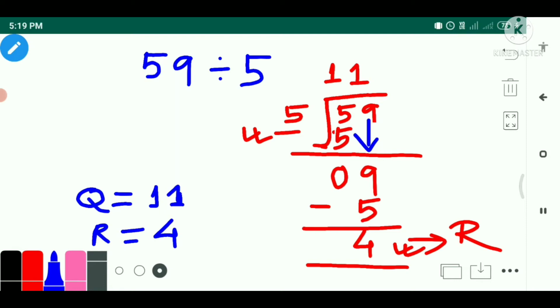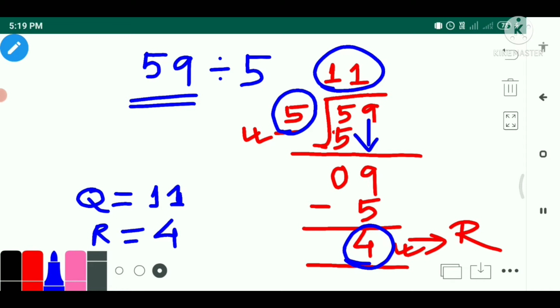In order to check our answer, first of all we'll multiply these two numbers. 5 11s are 55, and now we'll add the remainder. 55 plus 4 is 59. So we got our dividend, right?